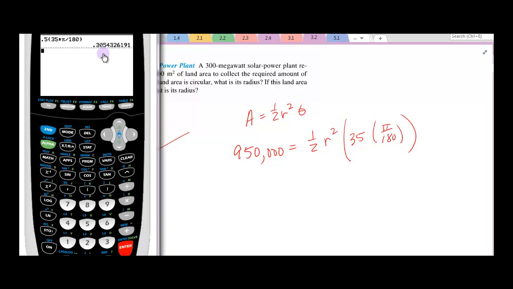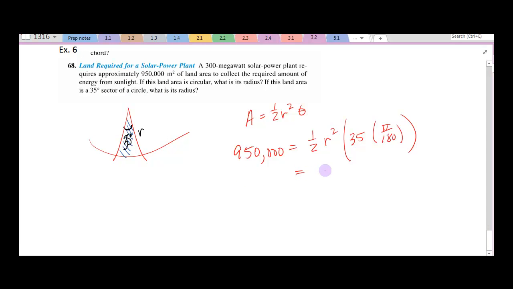And I end up, to 4 decimal places, with 0.3054. So I'm going to say the right hand side is 0.3054 radius squared.